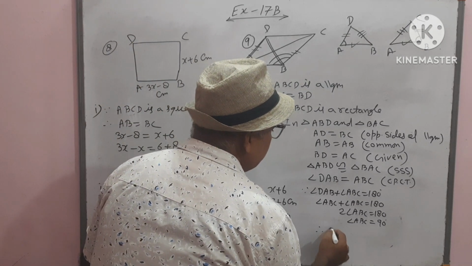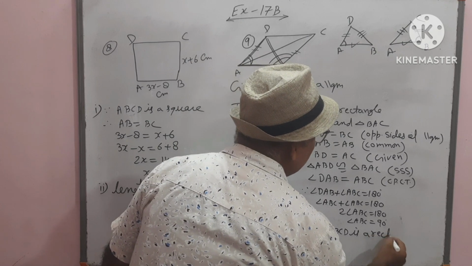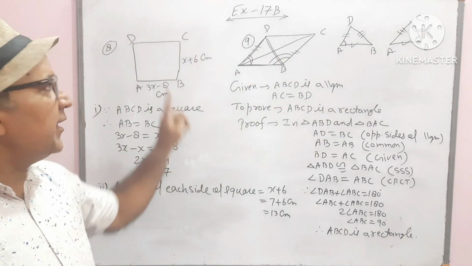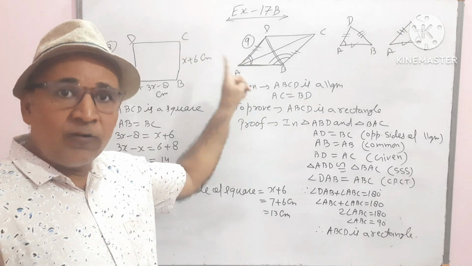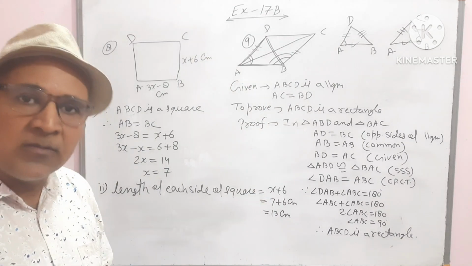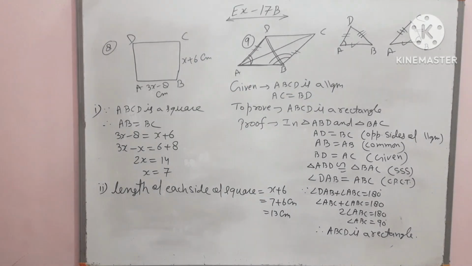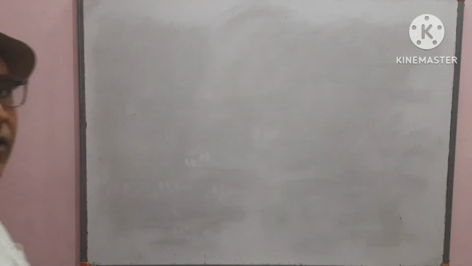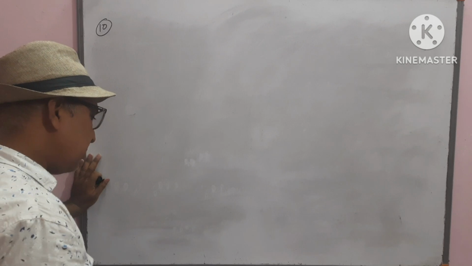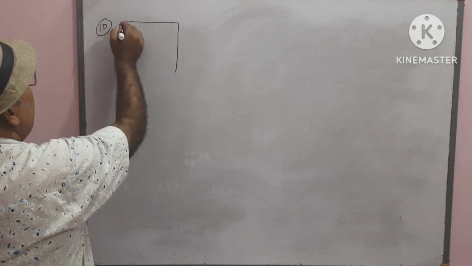So we can say that ABCD is a rectangle. In any parallelogram, if one angle becomes 90 degrees, then that parallelogram will become a rectangle. Okay, please watch carefully and note down. Okay, now see question number 10. In question number 10, it is given that ABCD is a square.